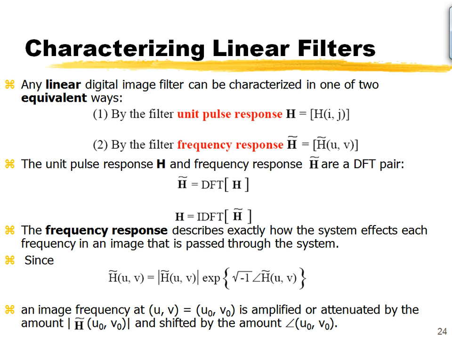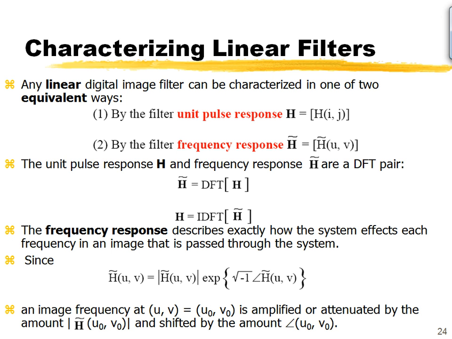Right? So we said in our simple process diagram that H would be our linear filter. Now I wish to characterize a particular linear filter. The way you do that is by looking at the unit pulse response of that filter. Okay, or we can certainly look at the frequency response of a filter. So what is the unit pulse response of a filter? It's very simple.